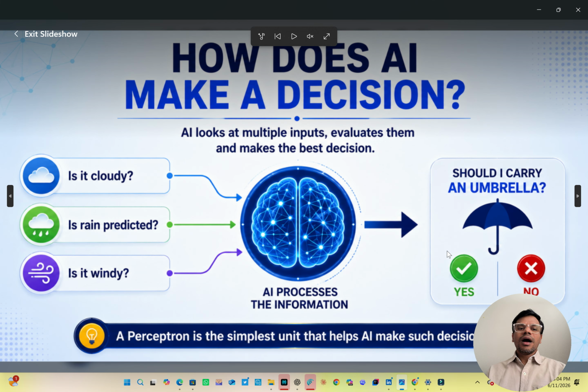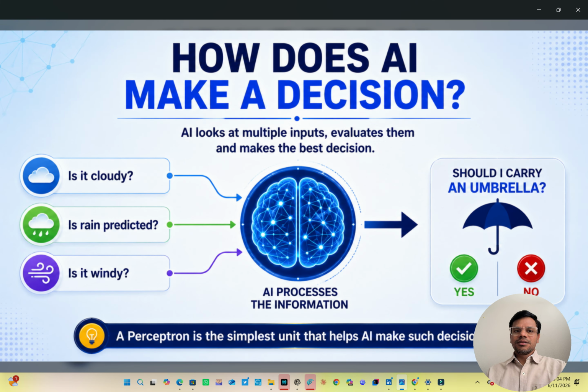Now, so how does AI make decisions, right? Let's begin with a simple question. Imagine you are getting ready to leave your house, and you look outside and ask yourself, is it cloudy, or is rain predicted, or is it windy? Your brain evaluates all these signals and makes a decision, right? Should I carry an umbrella, or should I leave it at home?